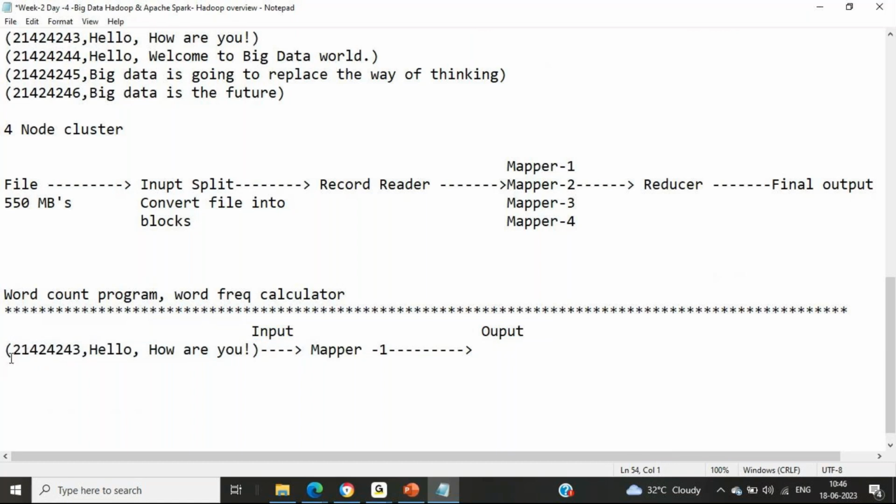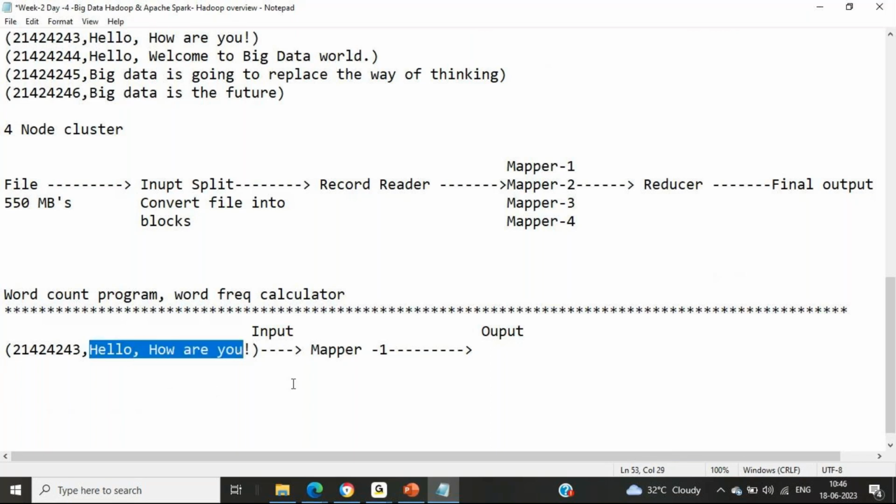I was in need of this random number, but once it is coming to me, I can discard it and I can write down the logic. So it will discard this random number and it will split the line based upon, say, space, and assign one to each and every word.